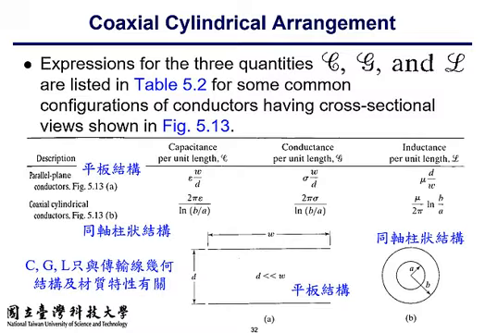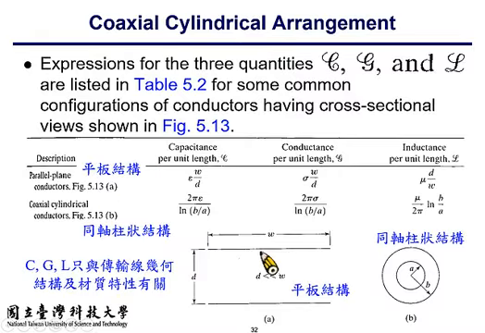In table 5.2, it lists the per unit length capacitance, conductance, and inductance of some commonly seen, simple two conductor structures. The first one is the parallel plate.